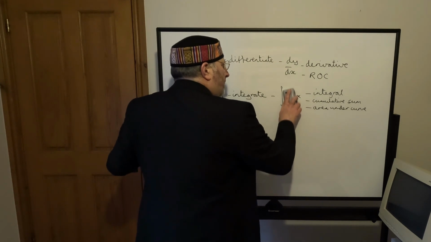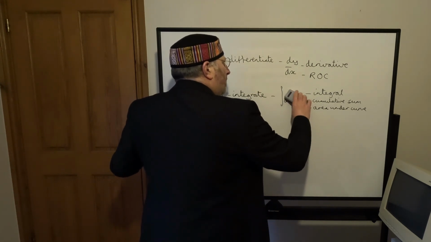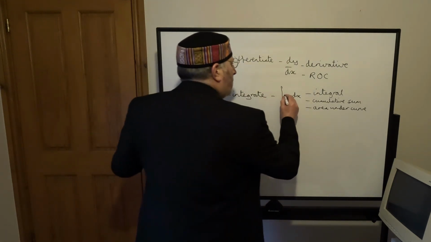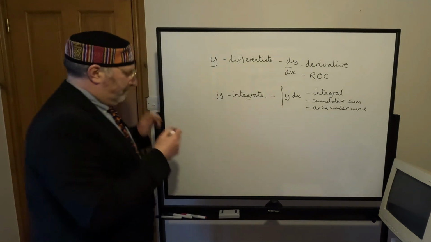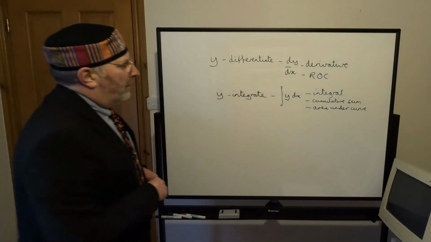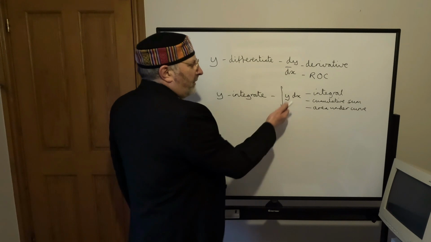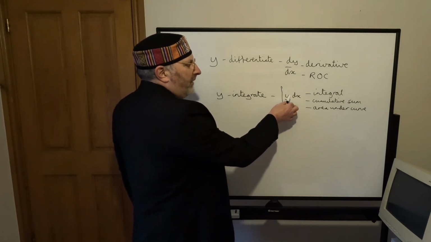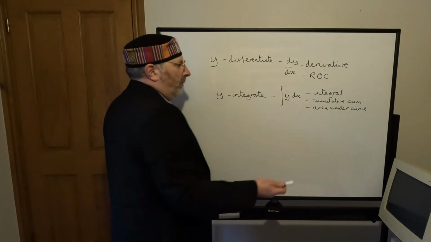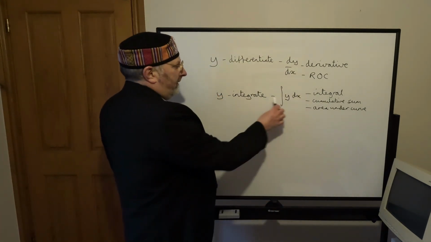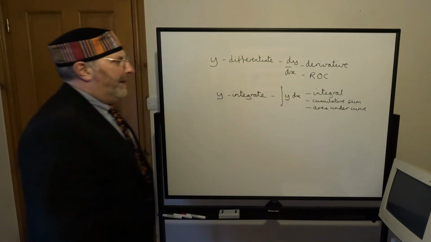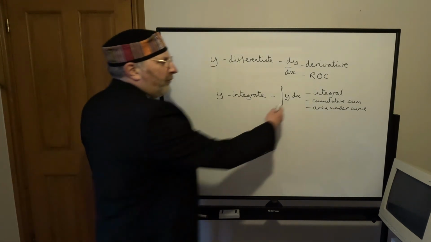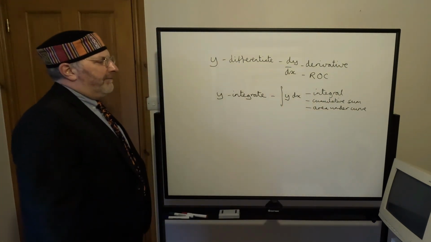So we're integrating y dx, and y is a function of x. So we just find the antiderivative of this function y. We don't need to write it out explicitly as dy by dx. It's just a function that we want to integrate to find this cumulative sum, or the area under the curve.